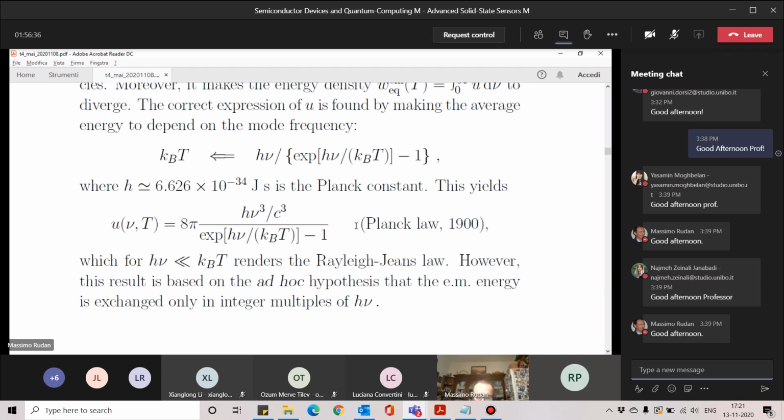So when there is an exchange of energy, according to this hypothesis, between the electromagnetic field and the black body, only integer blocks, only finite blocks of energy can be exchanged, and the minimum energy that can be exchanged is h nu.